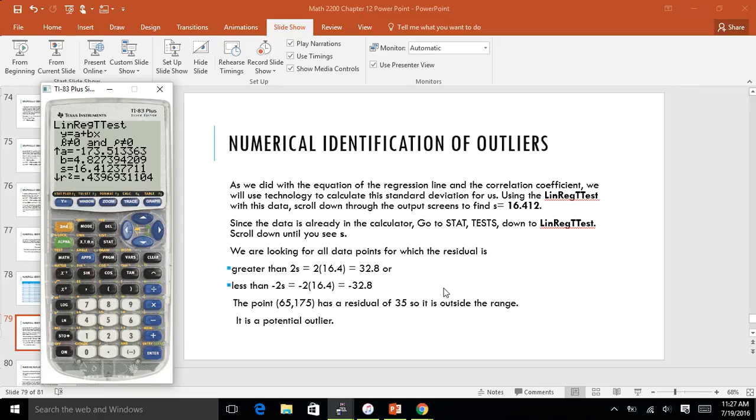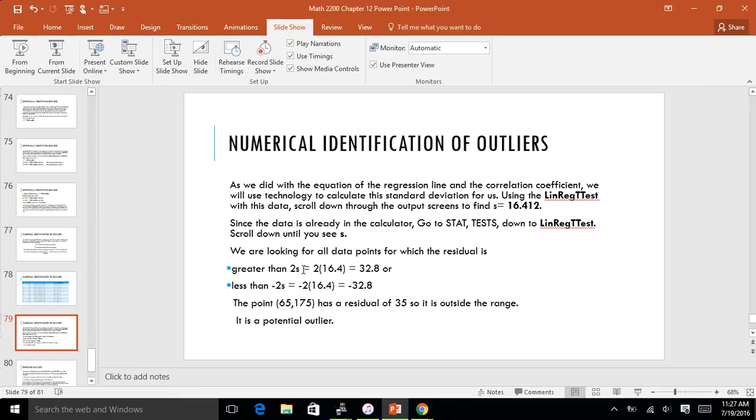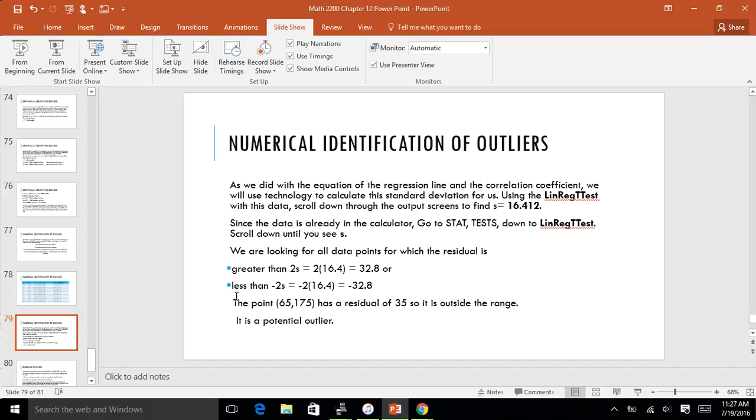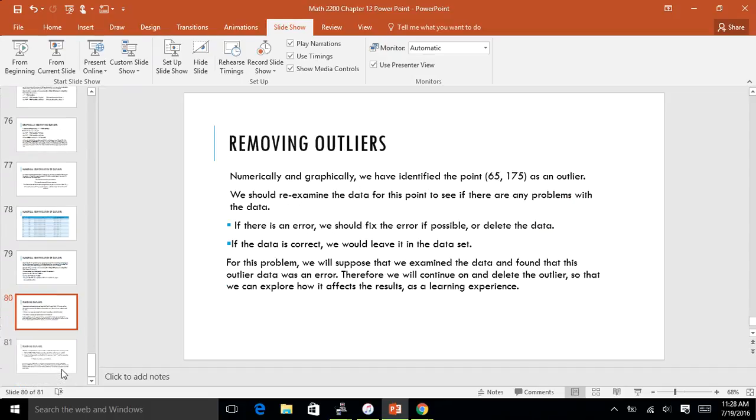So what I want to do is multiply it by 2 and then by -2. So I get 32.8 and -32.8. So what I want to see is, is the residual above 32.8 or below -32.8? If I look over here, all my residuals look pretty good except for this 35. And again, it's that point where X is 65 and Y is 175. So that is a potential outlier.